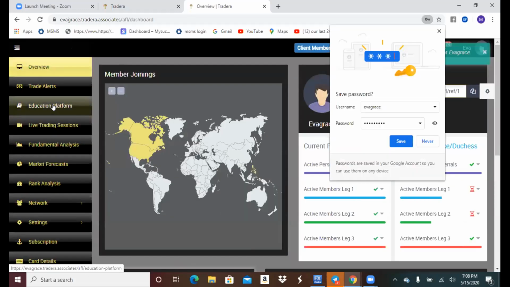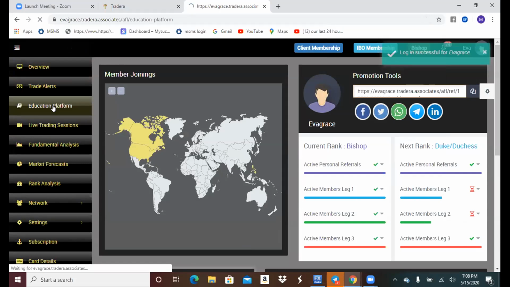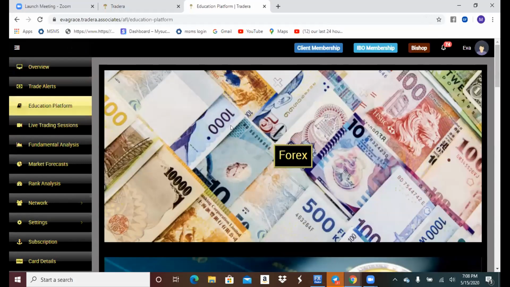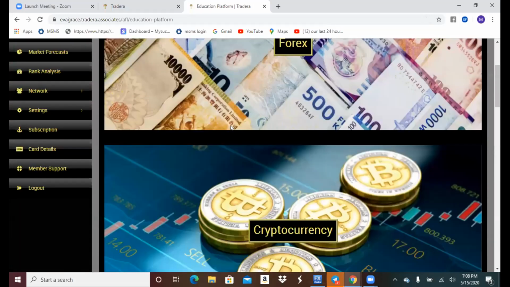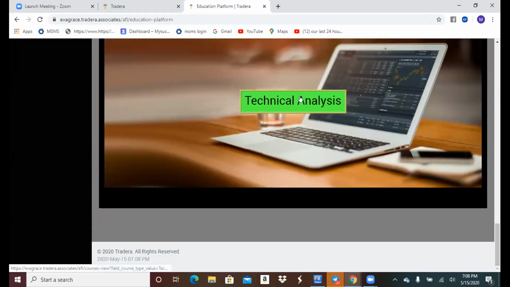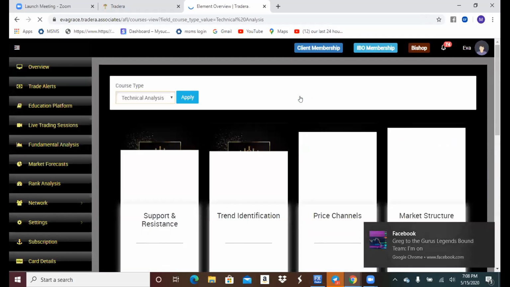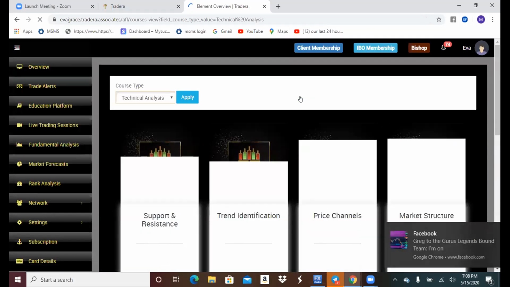There we are. Okay, guys. So tonight we are doing market structure. Maybe it's trend identification.